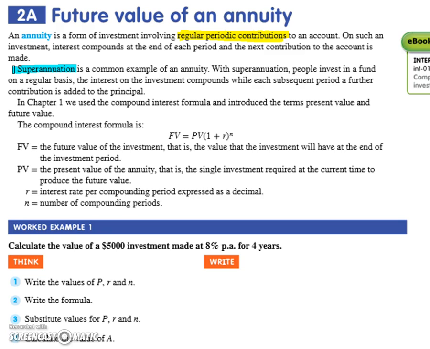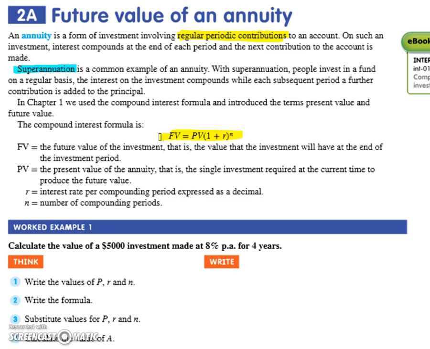In the earlier chapter, I'm pretty sure it was FM4, we used the compound interest formula and introduced present value and future value. The compound interest formula is future value equals present value times 1 plus r to the power of n.